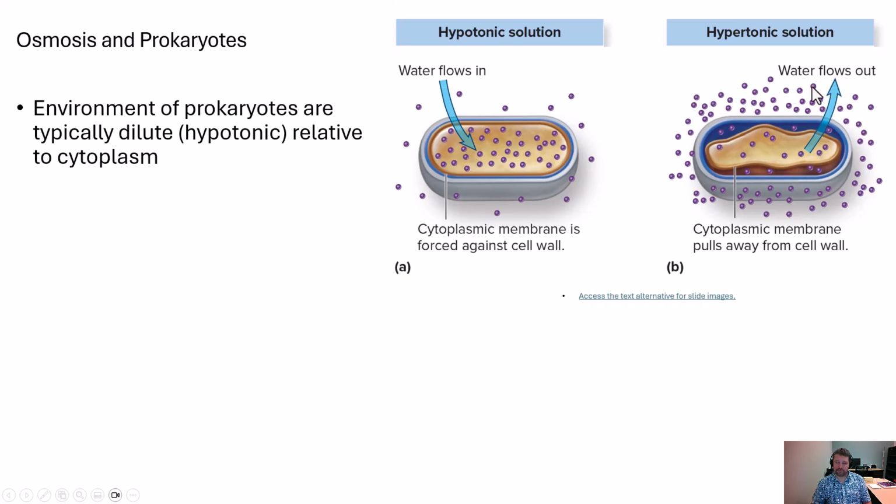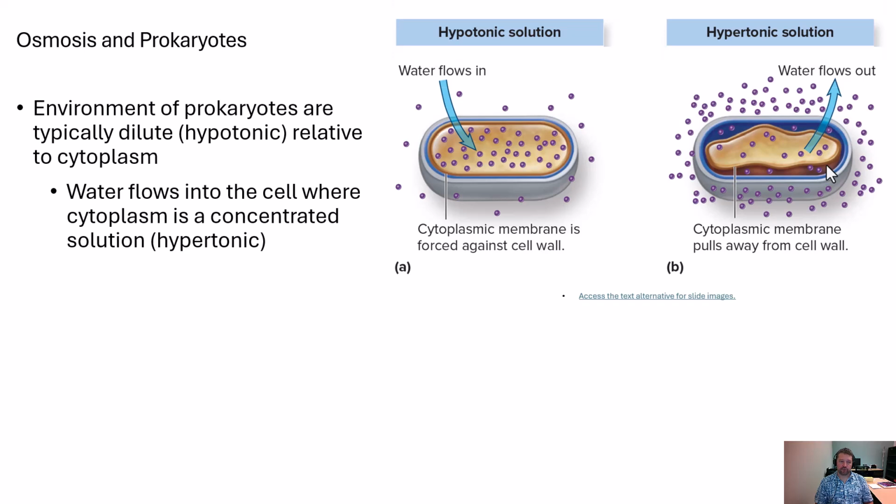So the water is leaving, okay, and the membrane will pull away from the cell wall, but because the cell wall is rigid and doesn't flex like the cell membrane, it will still provide protection for that cytoplasmic membrane. It doesn't allow things to poke holes in that cytoplasmic membrane when it lacks water, or when it shrinks off of the cell wall.